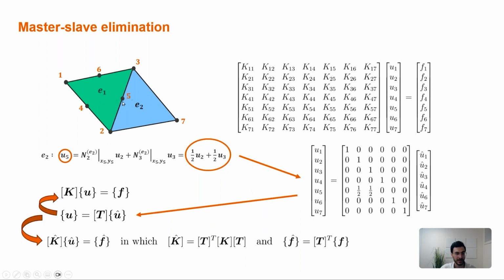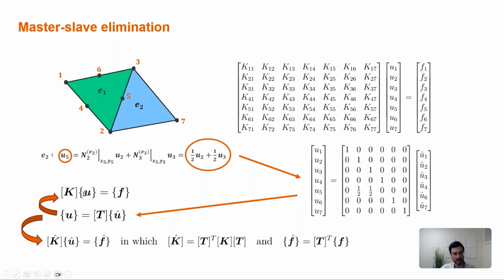In order to capture the constraint equation corresponding to this node, which is a slave node, we can use the shape functions of the lower order element. And if this node is located in the middle of the edge, shape functions give us a value of 0.5. Then we can again construct an additional system of equations and plug it into the original one.